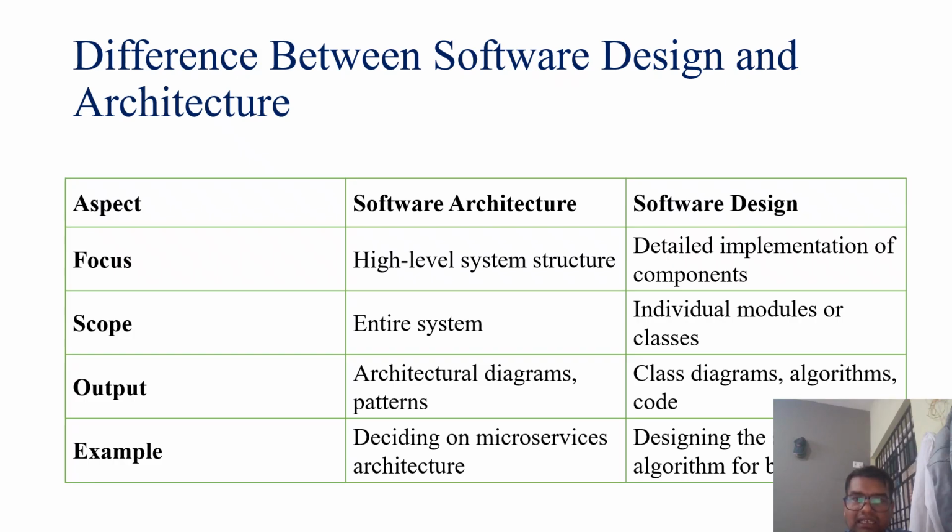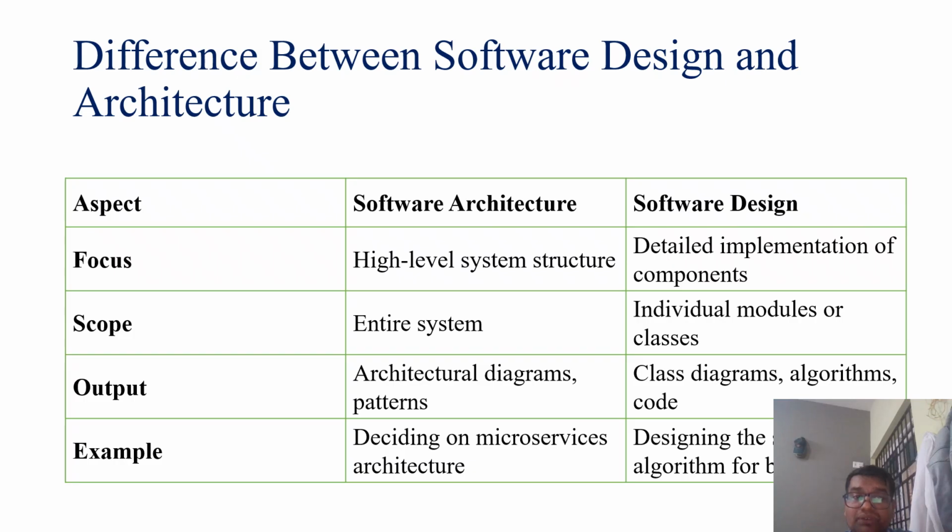If we compare, software architecture is the high level systemic structure, whereas in software design we have detailed implementation of components. In software architecture, the scope is the entire system, whereas in software design we have individual modules or classes.